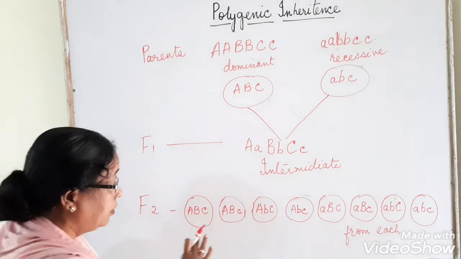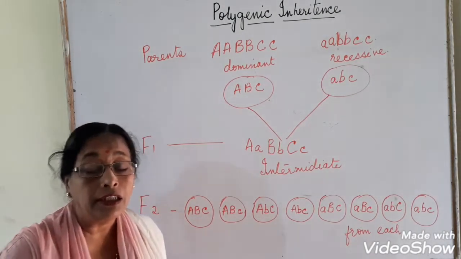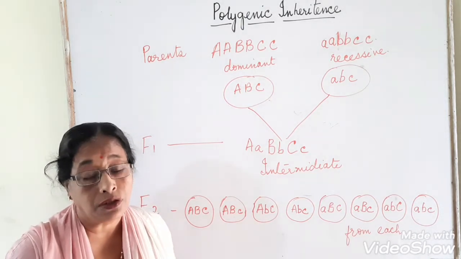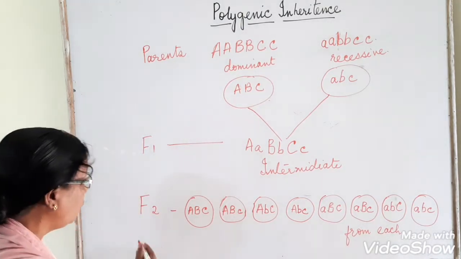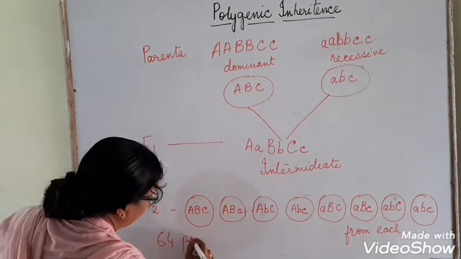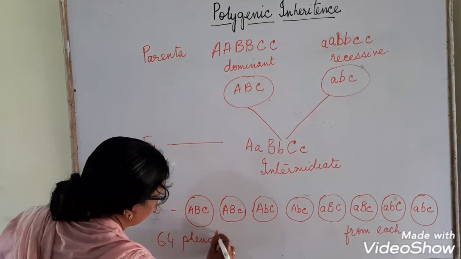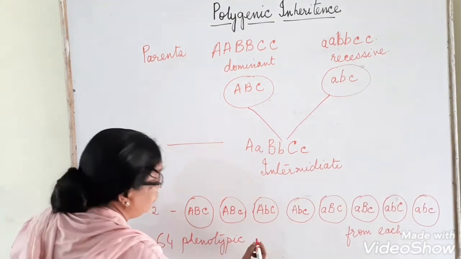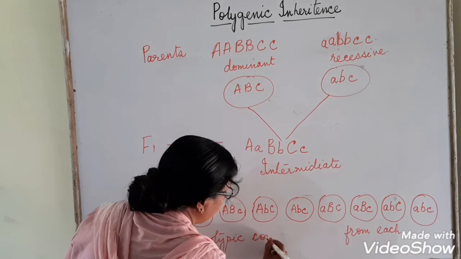These are 8 different allelic forms found in the gamete in the F2 generation, and a total of 64 phenotypic combinations can be made.